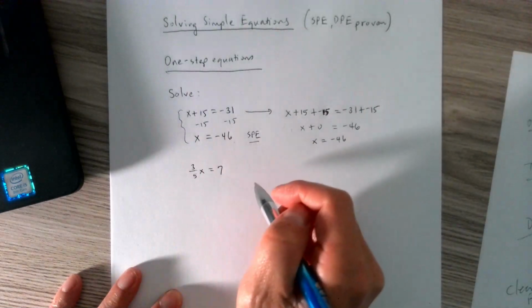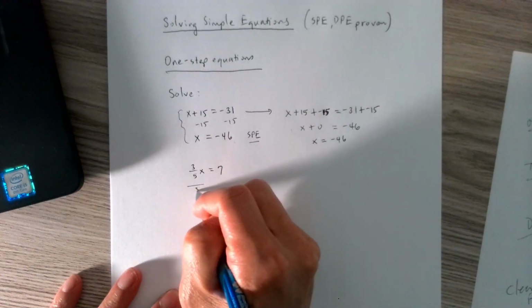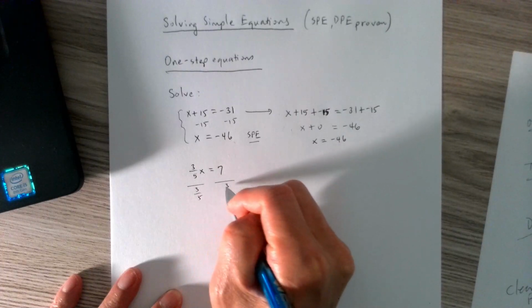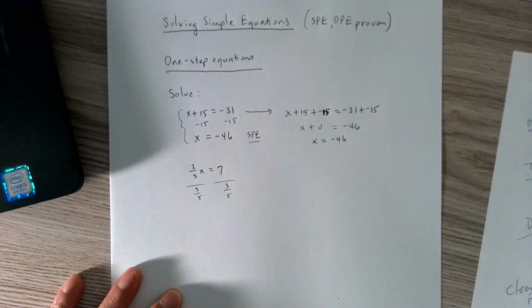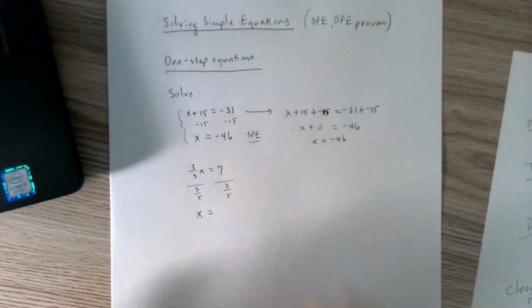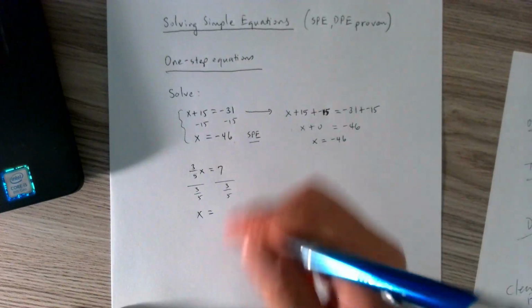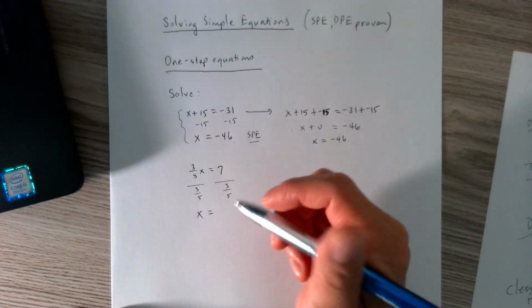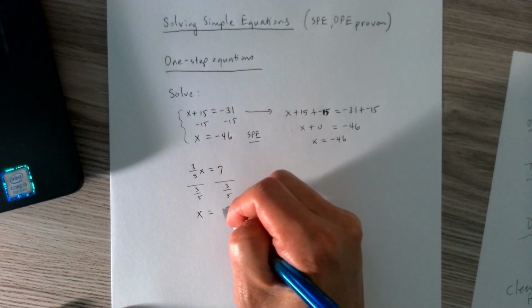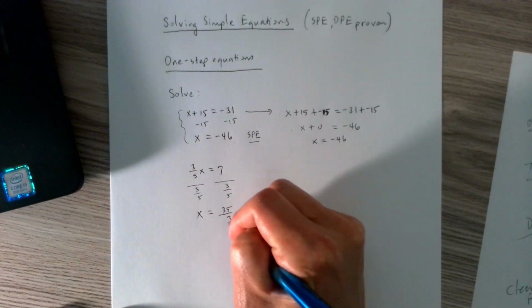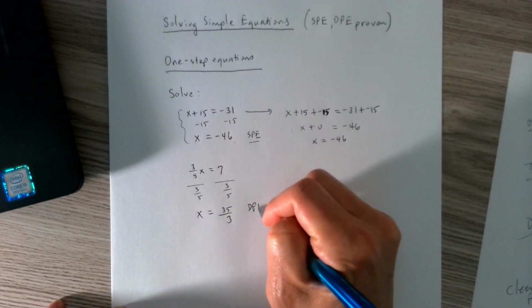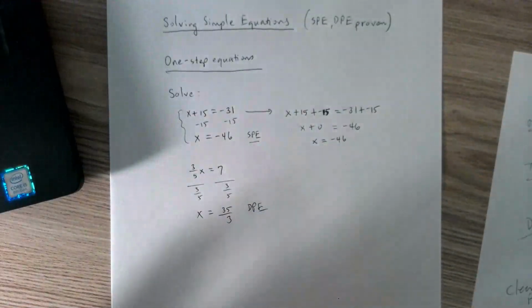So if I divide both sides by 3/5, the x will be isolated, and this side becomes 7 times 5/3, which is 35/3. And that's DPE.